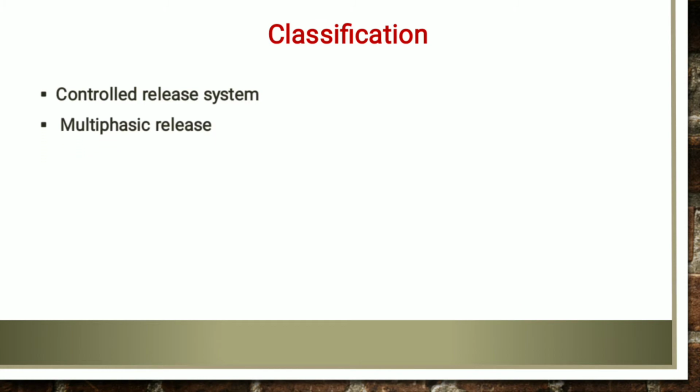Then comes the next one, that is multi-phase release. Some diseases need different concentrations of drug at different conditions depending on the severity of the disease. This can be achieved by varying the concentration of polymer and drug in the core and coat layer.